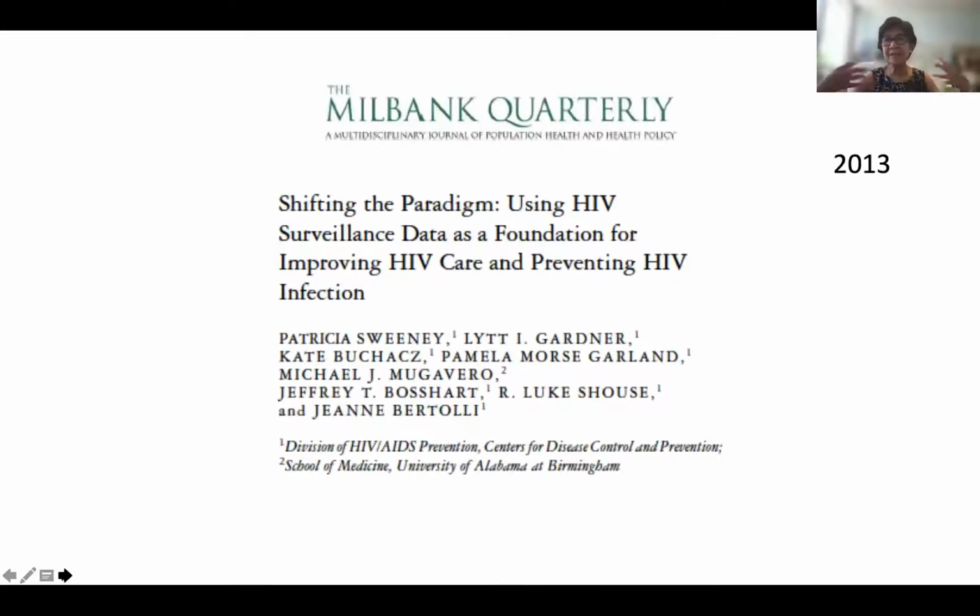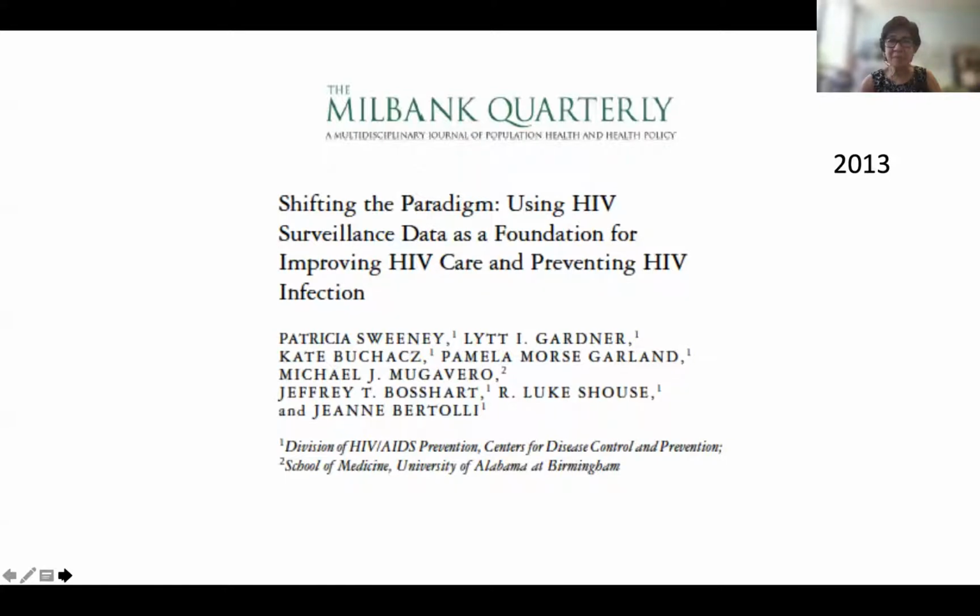First of all, where did data to care come from? This was actually an article written in 2013 by Patricia Sweeney, who was at the CDC, and she entitled it, Shifting the Paradigm: Using HIV Surveillance Data as a Foundation for Improving HIV Care and Preventing HIV Infection.